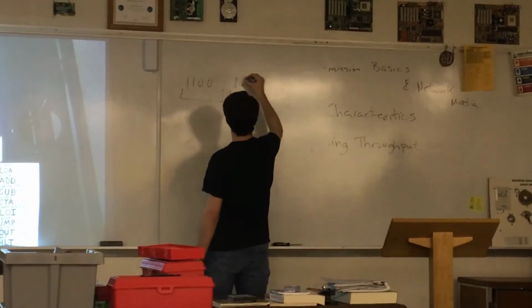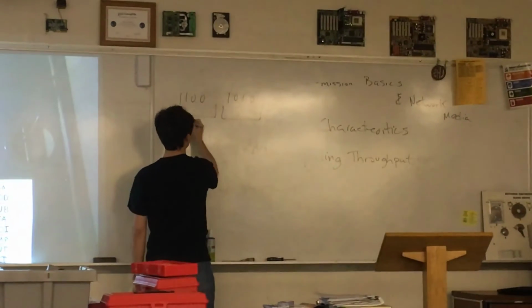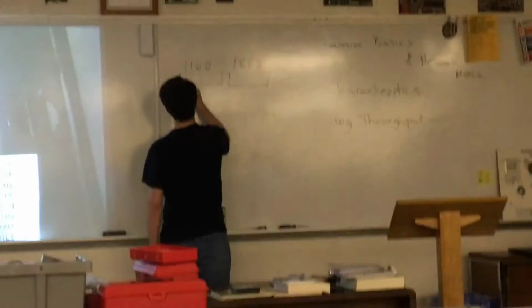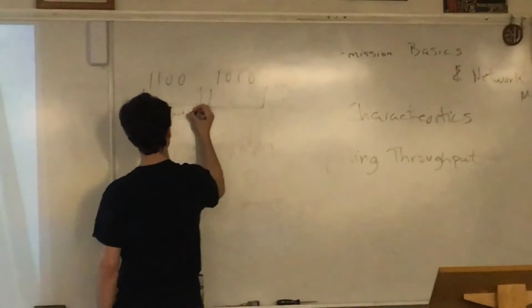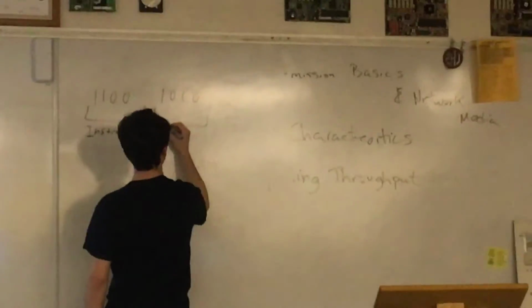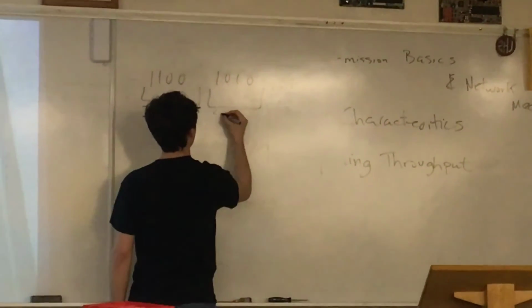It can hold 8 bits total. The only difference is that they're split off 4 and 4. So the first 4 bits would be the instruction. The last 4 bits would be just computer usage.